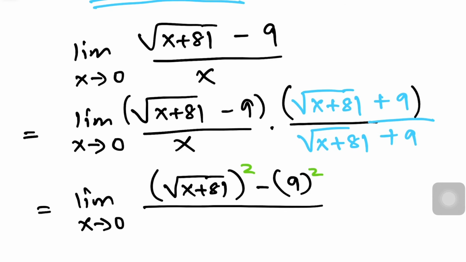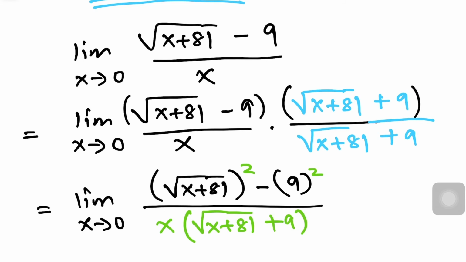Okay, so we just applied the differences of perfect square formula. I already talked about it. So a plus b times a minus b equals a square minus b square. Okay, now in our denominator we have x times square root of x plus 81 plus 9.